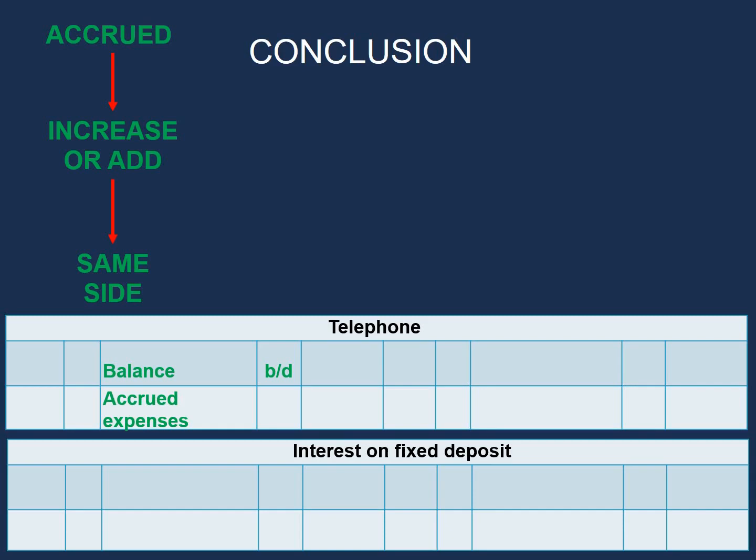Both the balance and the adjustment is on the debit side. Also, our interest on fixed deposit, which is an income, has a credit balance. But if we encounter an adjustment for accrued income, we will enter the accrued income also on the credit side of our interest on fixed deposit account. So that's what we mean by we will enter it on the same side.